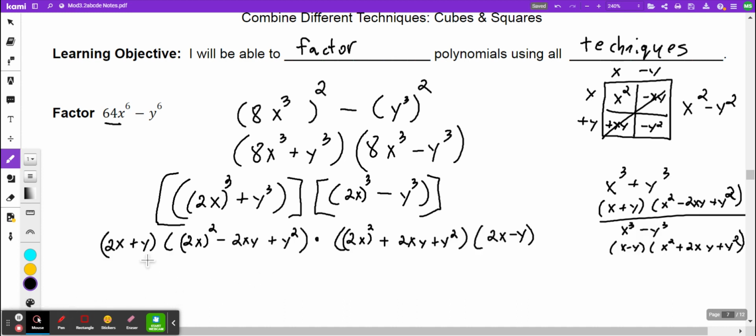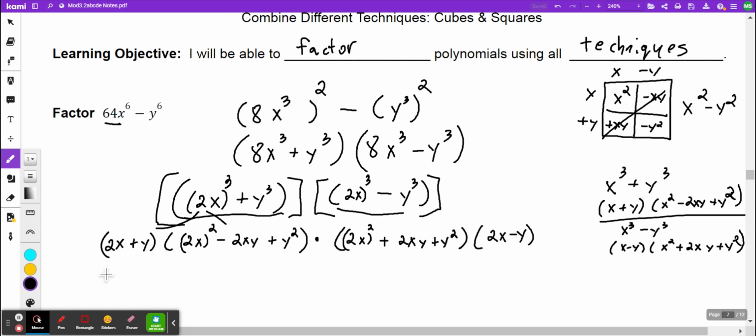So here we go. This factors into the two right here. And this difference of cubes right here factors into these two factors, a trinomial and a binomial.